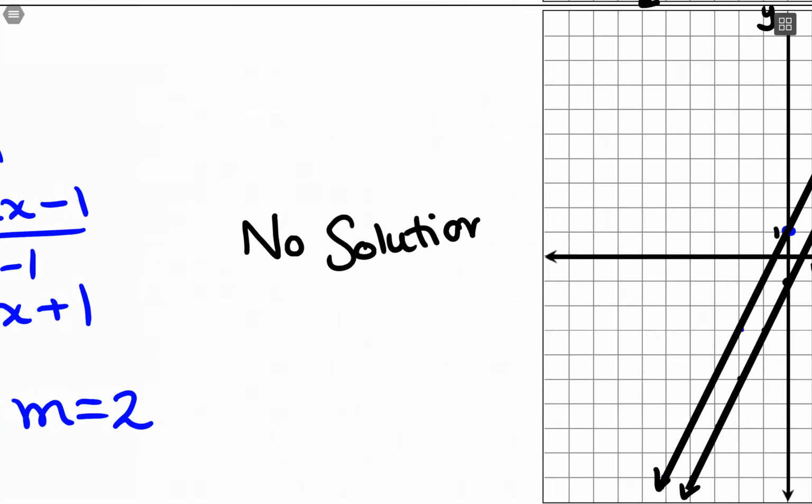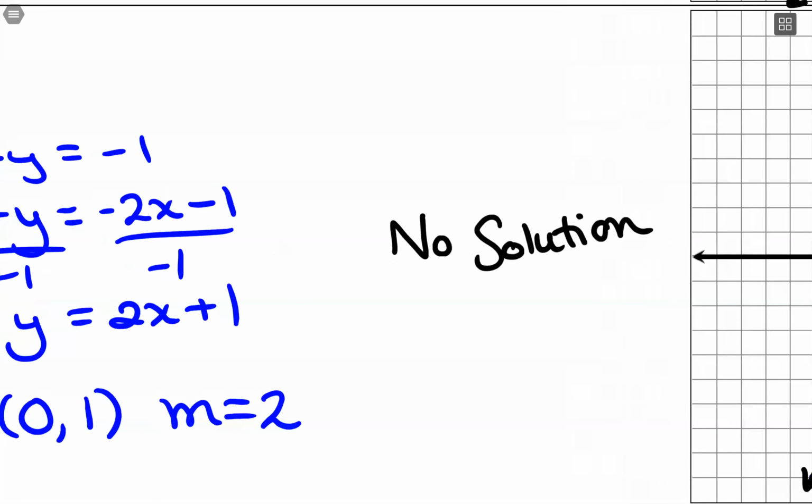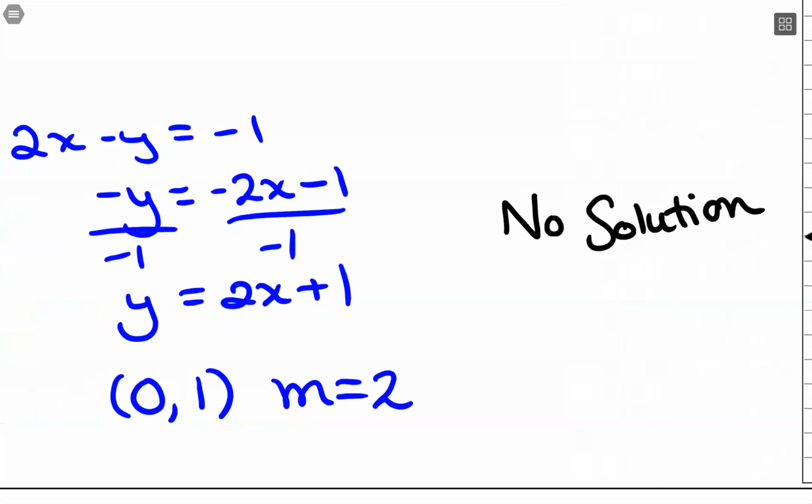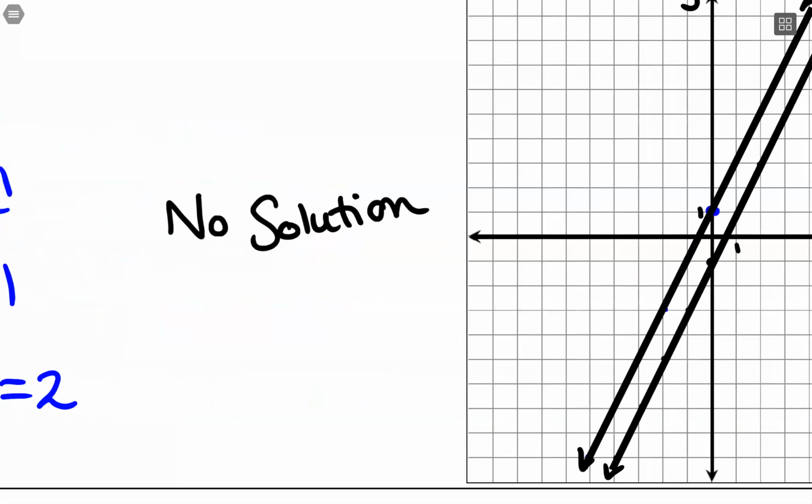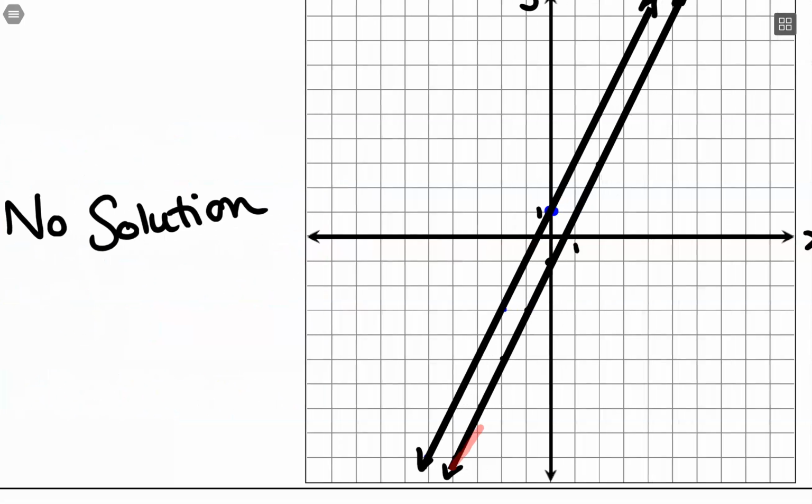The other special case that could happen here is you might end up graphing the same line twice. Like imagine if we had simplified this and this had ended up being a -1 for the y-intercept. Well, then when we went to graph it, we would just be graphing basically on top of that first line.